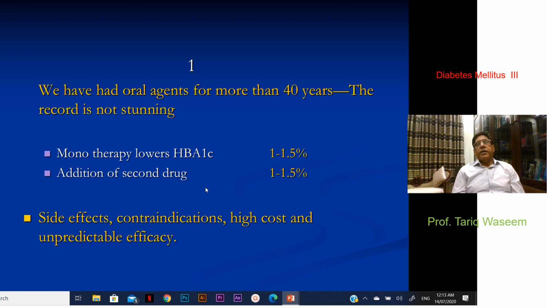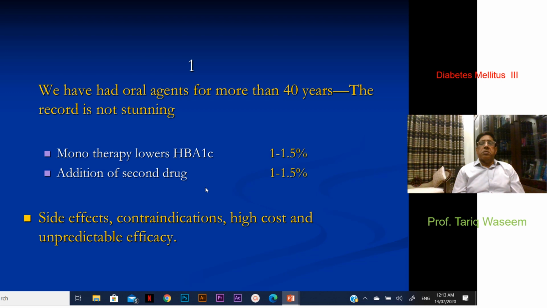There is a limit to the extent to which A1C can be brought down by oral hypoglycemic agents. On average, a single oral hypoglycemic agent can reduce the A1C level by around 1 to 1.5%.